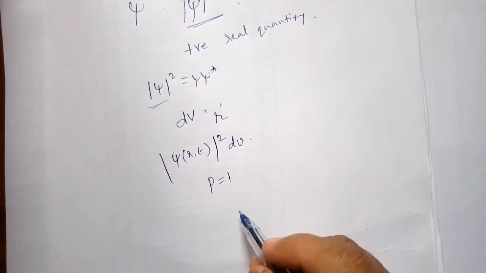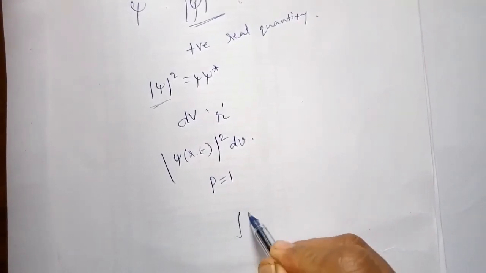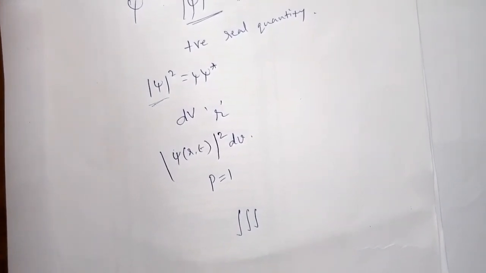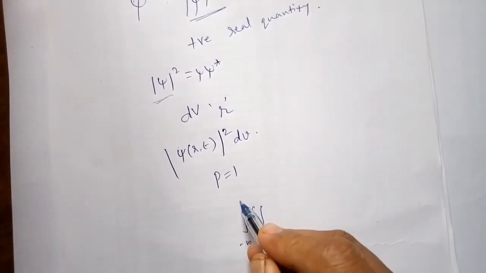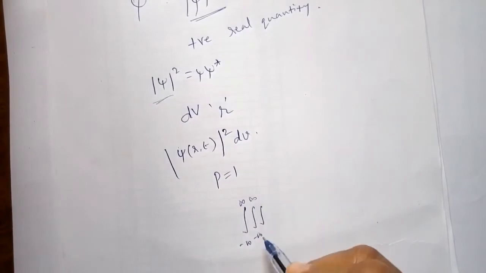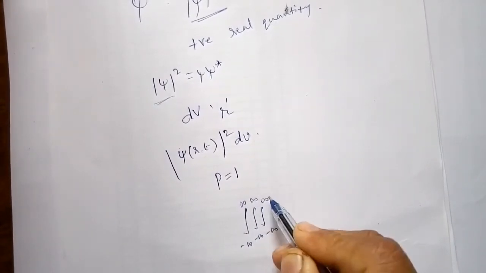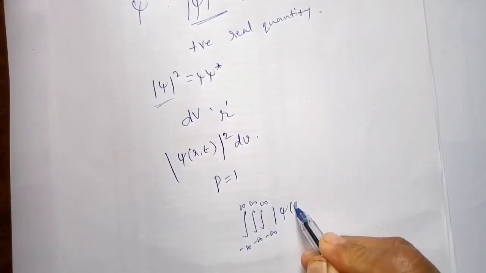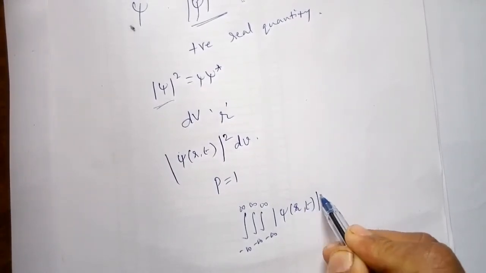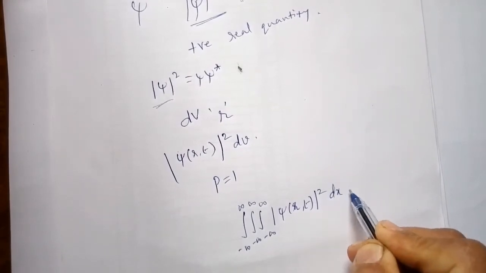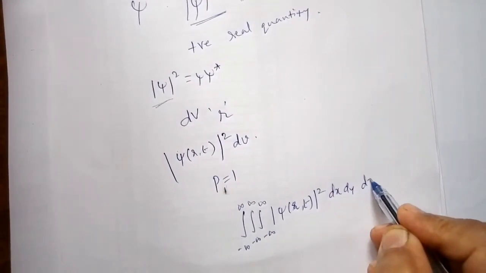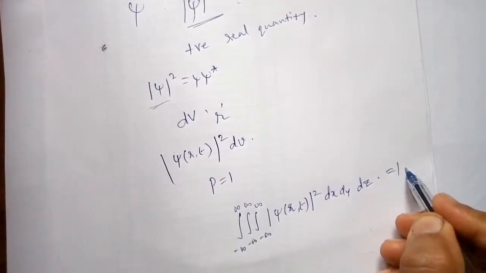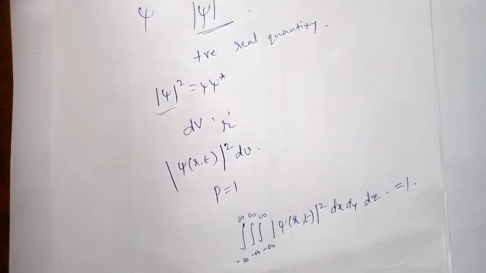So that is the triple integral from minus infinity to plus infinity of modulus psi of r comma t square dx dy dz, and that's equal to 1.